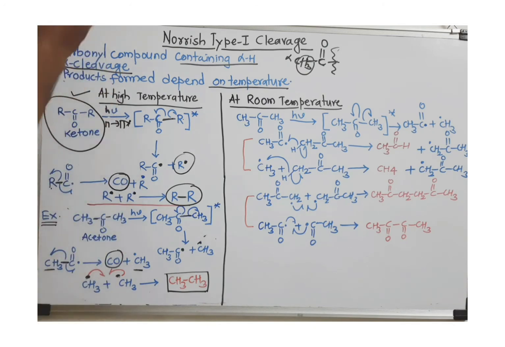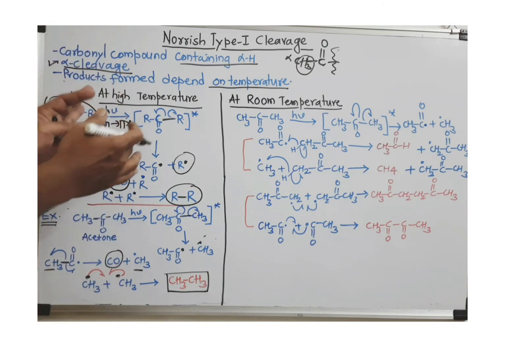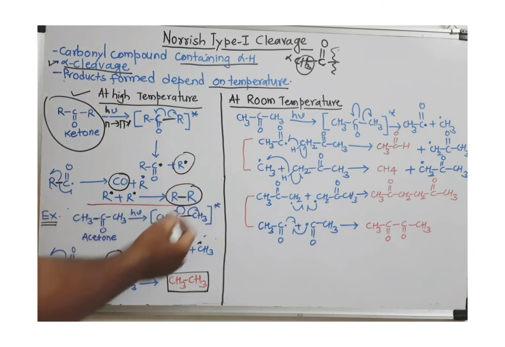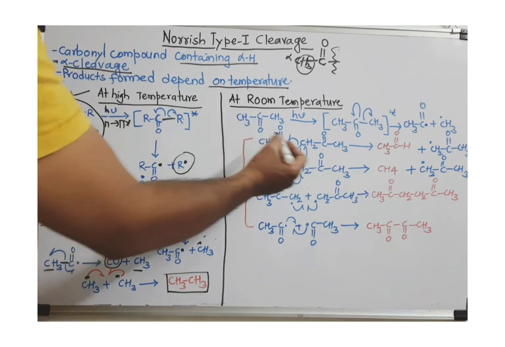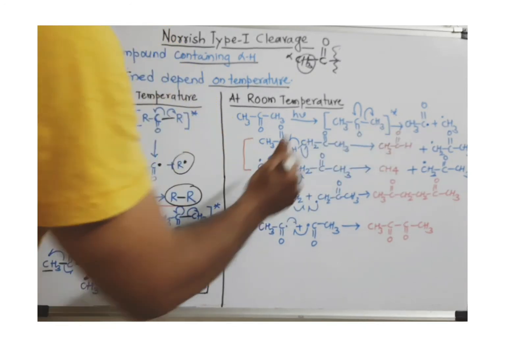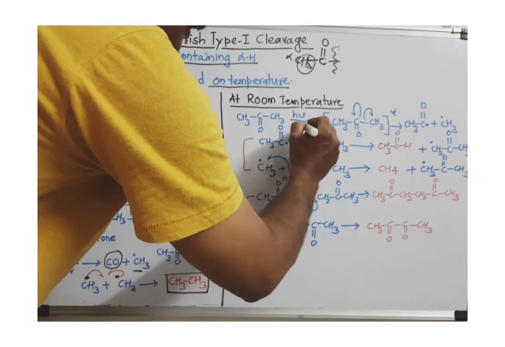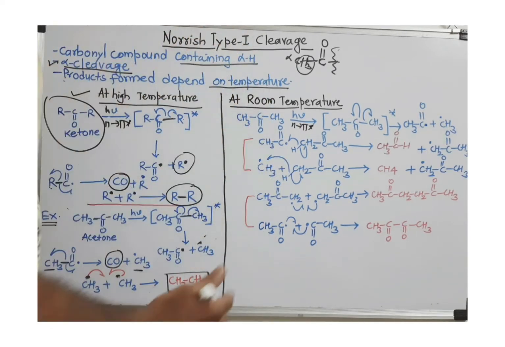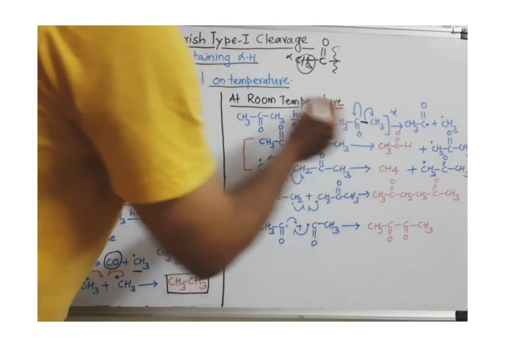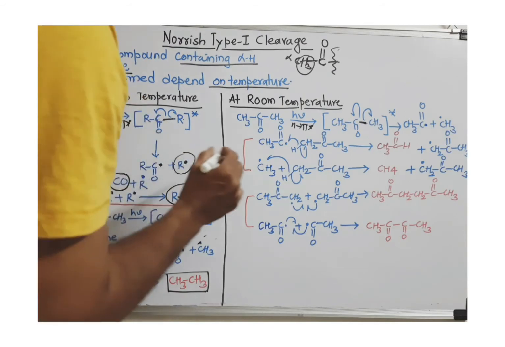Again, if you perform this reaction at room temperature, what will happen? For comparison, I am taking the same molecule, acetone, and up to the excited state, the n to pi star transition, the procedure is the same. Again you target alpha cleavage, because alpha cleavage is important in this reaction.